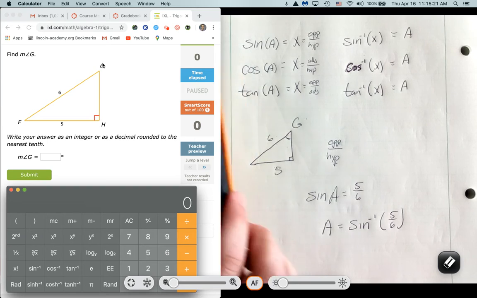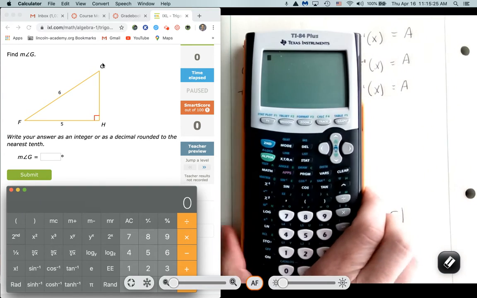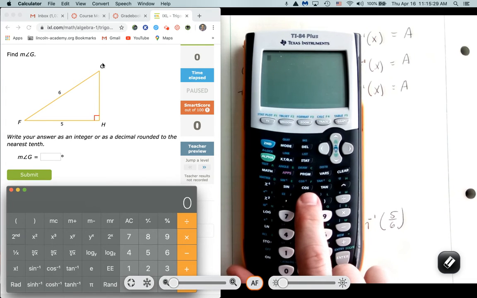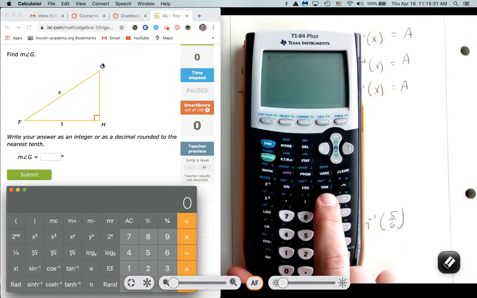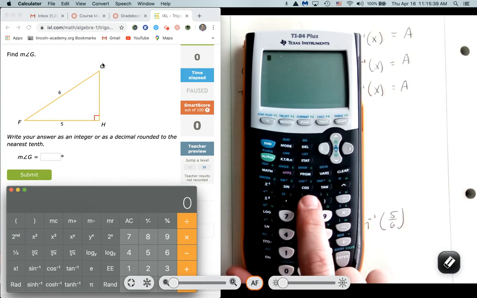So I grab my calculator, and if you'll notice on calculators, we have our three trig functions: the sine function, the cosine function, and the tangent. But look just above the sine function, you'll see a little blue sine with a little -1, kind of like an exponent. Just above the cosine is a little cosine with a -1.